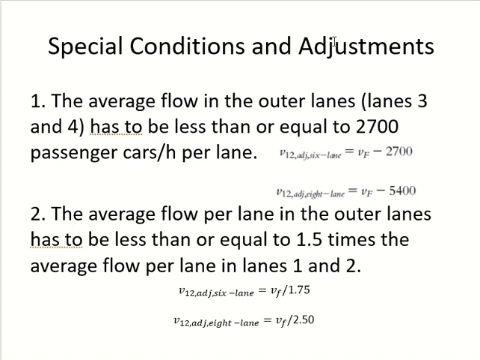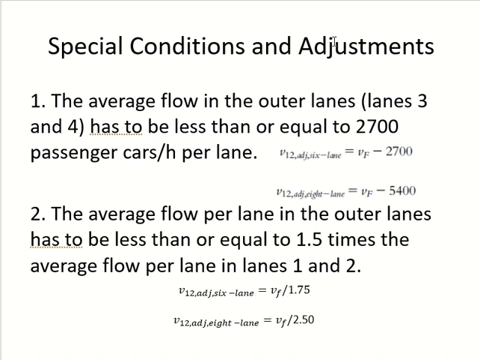If there is one outer lane, total is 3 lanes, one outer lane, so per lane volume for the outer lane is 3000. That does not satisfy the check, right? If there are two outer lanes, per lane will be 1500, which is good. Clear?